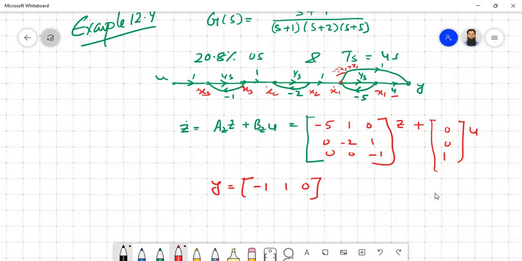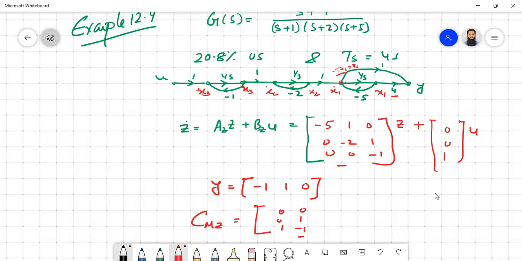Now, very quickly, what you have to do is find out the controllability matrix. The method is already discussed. So B as it is 0, 0, 1, then B into A. So 0, 0, the last column will be just repeated. So 0, 1, minus 1. And then with this one, you have to multiply the A matrix.